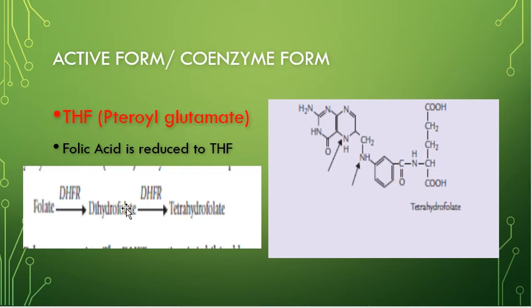The folate is converted into dihydrofolate by the dihydrofolate reductase enzyme, which is an NADPH-dependent enzyme. Next, the dihydrofolate is converted into the tetrahydrofolate by the dihydrofolate reductase enzyme. Here is the structure of the active coenzyme form, tetrahydrofolic acid.